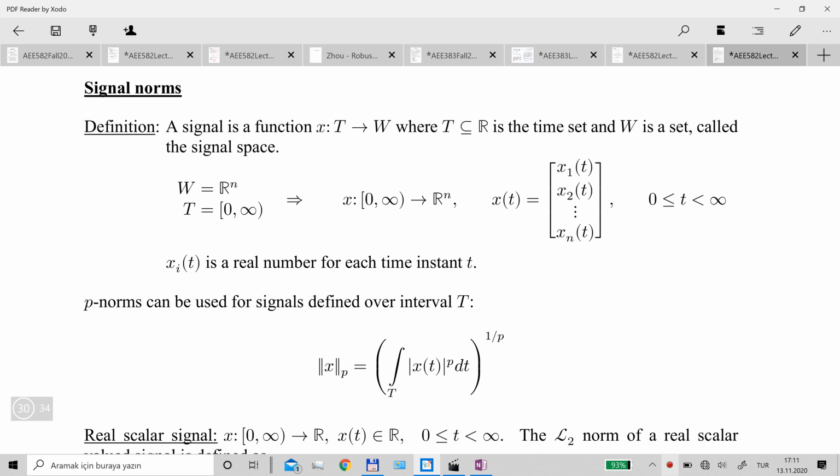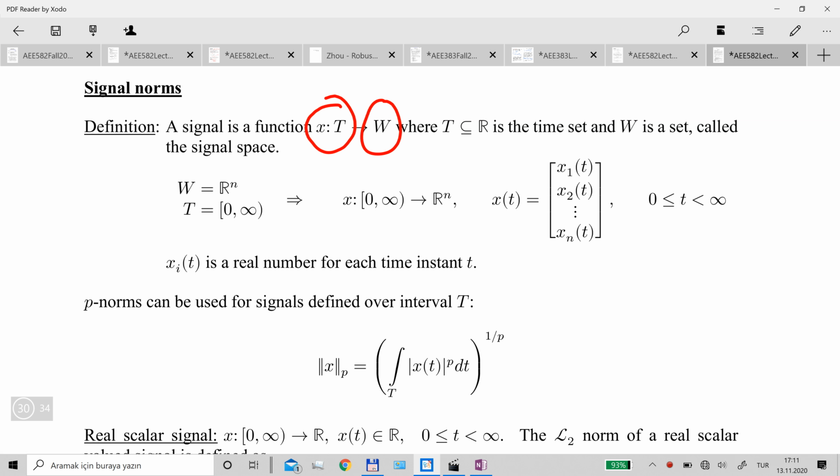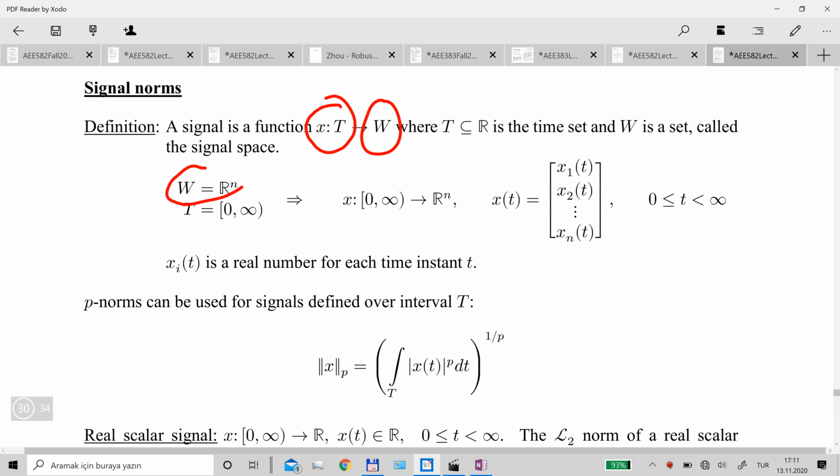A signal is defined as a function from the time set into a set called the signal space. This space can be a set of n-dimensional real numbers. In that case, your signal takes time as the input argument, which extends from 0 to positive infinity, and maps it into the set of n-dimensional real numbers.